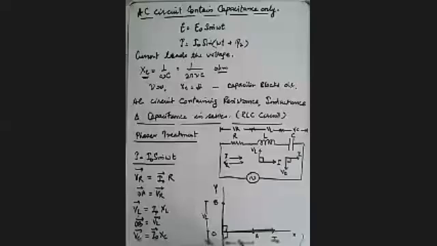Now from this we can get the resultant of all the voltages VR, VC and VL. These two are 180 degrees out of phase, so one is in the positive direction, the other in the negative direction. Then we can get the resultant of these two, VL and VC.